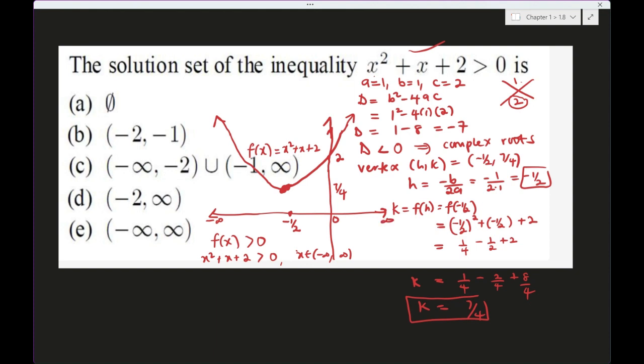So the solution set is going to be the whole of R. For every real number, this function is above the x-axis. So the solution set is the whole of R, and the right answer for this question is E.